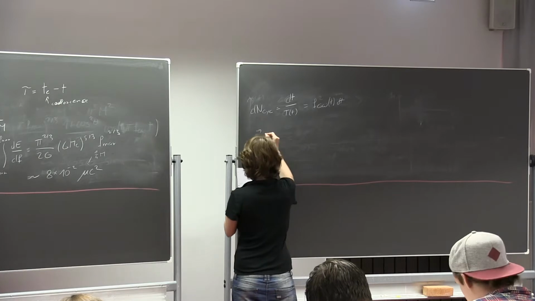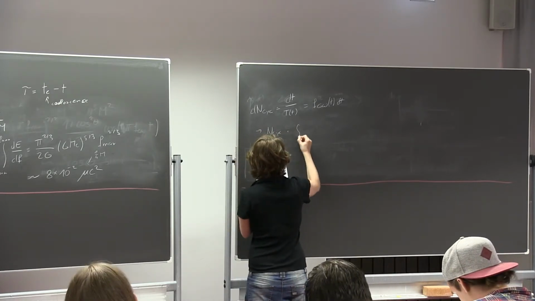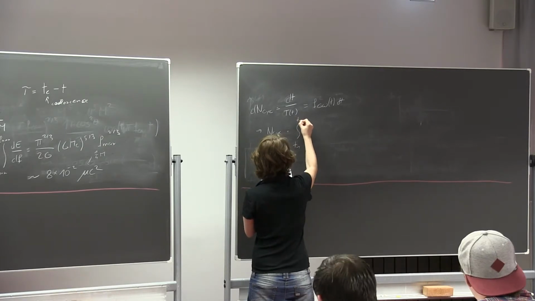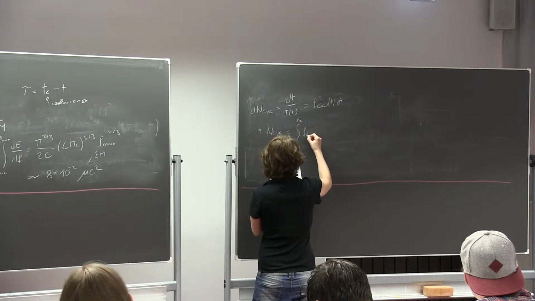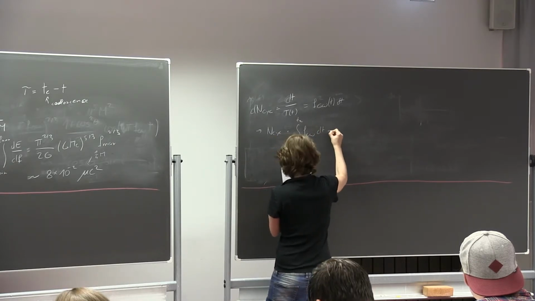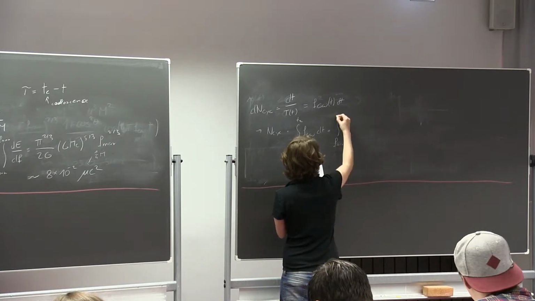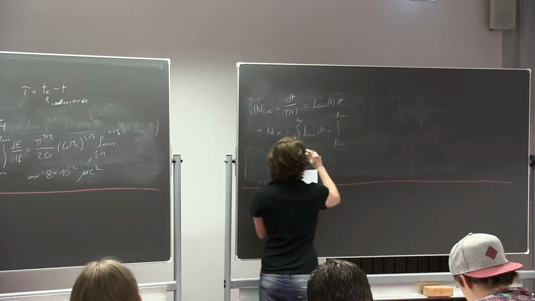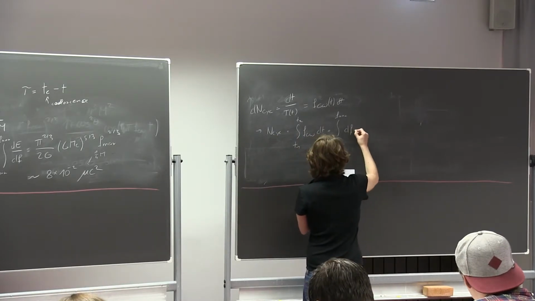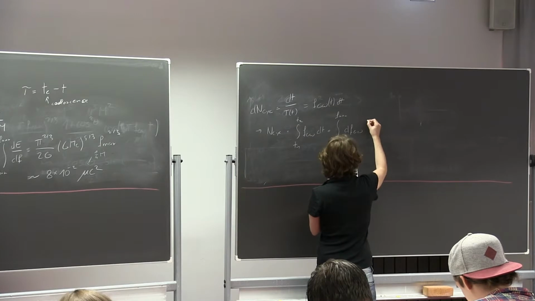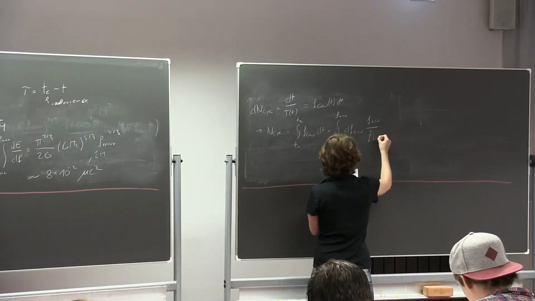So we can compute the number of cycles between some T1 and T2 as the integral of f_GW dt. Now we just rewrite this in terms of a change of variables, because I don't know what T1 and T2 are, but I know what f min and f max are: the integral of df f_GW over f-dot_GW.